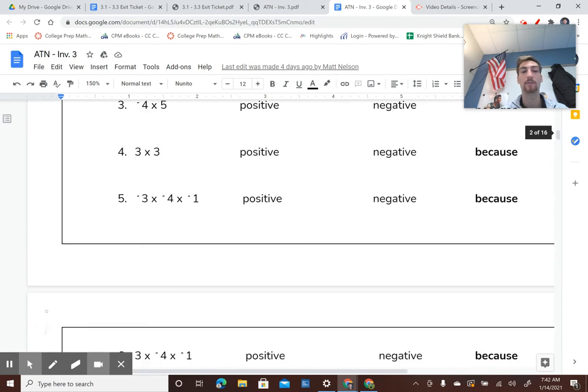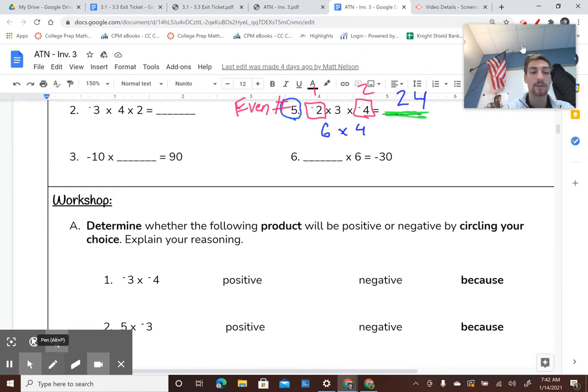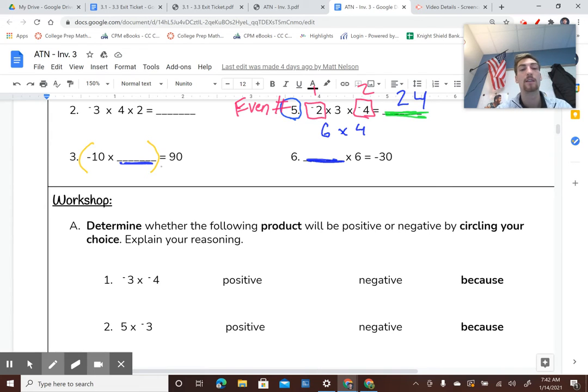All right, looking at problems 3 and 4, or 3 and 6, excuse me, they're a little bit more difficult because here we're looking for the missing number, the missing factor. And so in this case, we have to keep those rules in mind, meaning if we have an even number of negative numbers, then we're going to have a positive answer.